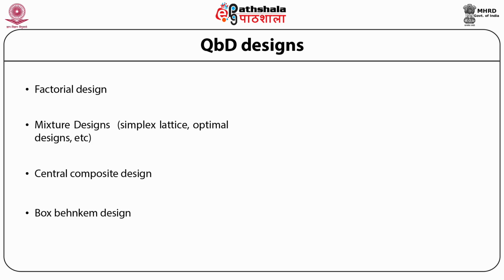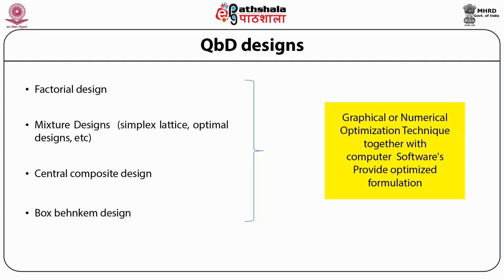These are the designs available in the literature and utilized for the preparation and optimization of microemulsion. Utilizing these designs, we apply a graphical or numerical optimization technique, joined with computer software, to provide a good optimized formulation as per our need.